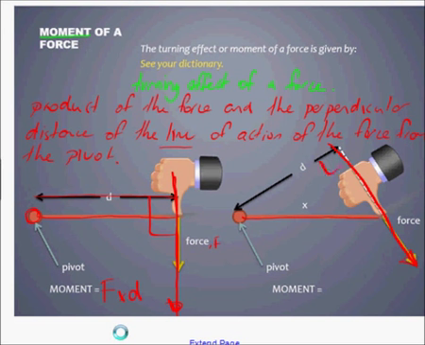So in this case, if I know X and if I know the force F, then the moment is going to be force multiplied by cos theta times X. So the actual force has changed a bit because of that angle, the line of action of that force.